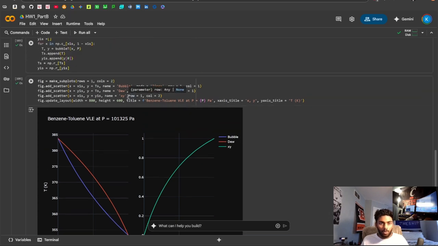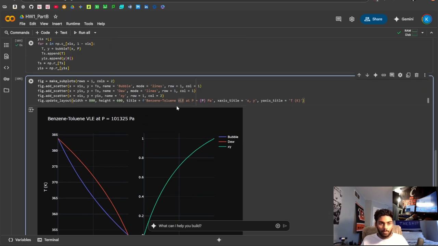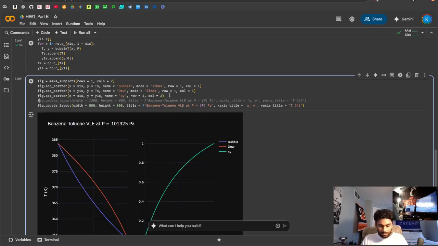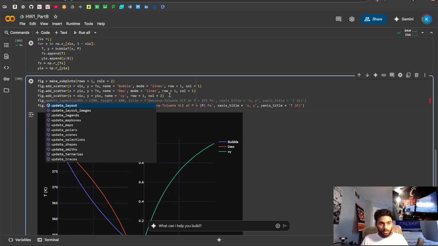One thing we might want to throw on here is a 45-degree line that shows the deviation of our XY ratio from a perfect 50-50 ratio. Fig dot add trace.